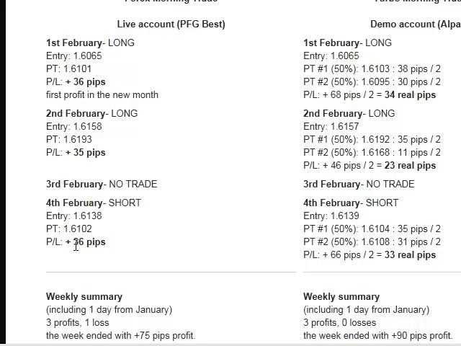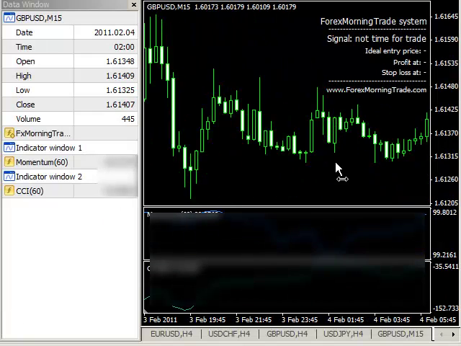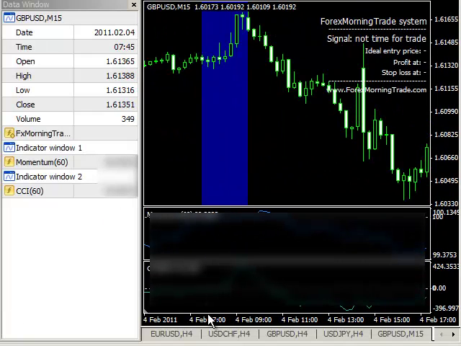We had a short trade with a profit. We entered at 1.6138, so our profit target would be about 1.61. So we see 1.6138 entry point.